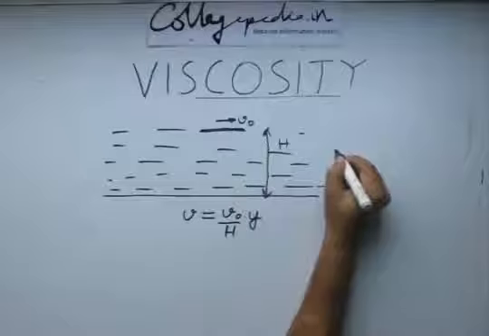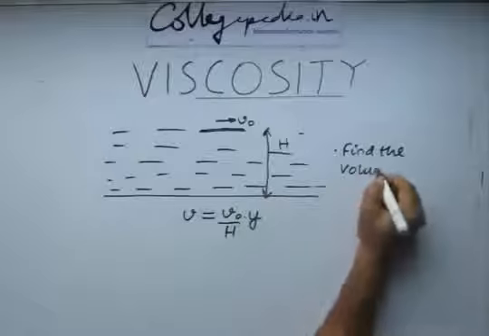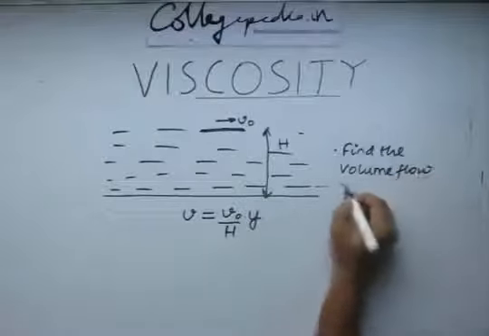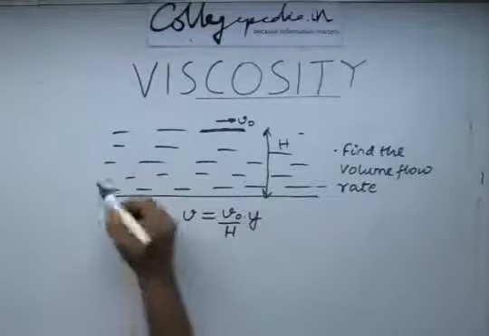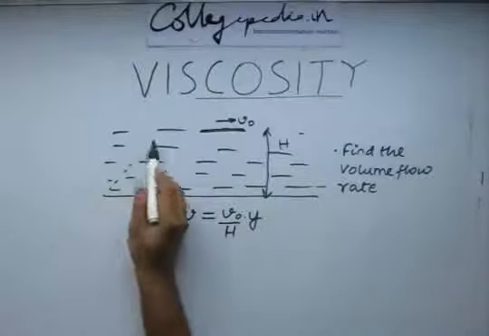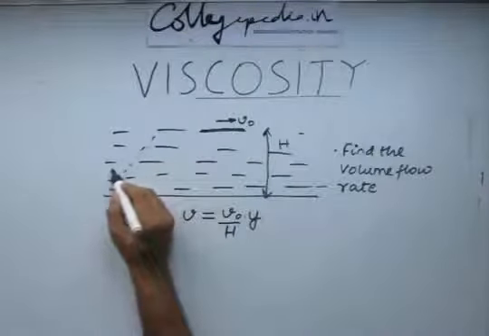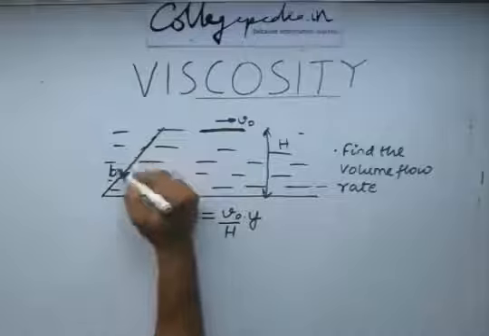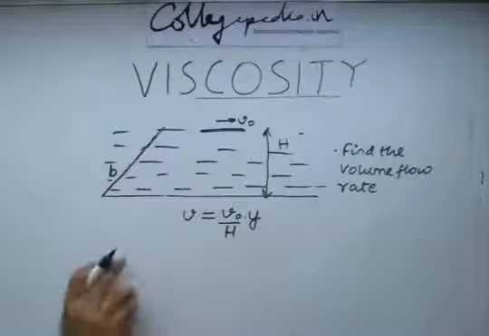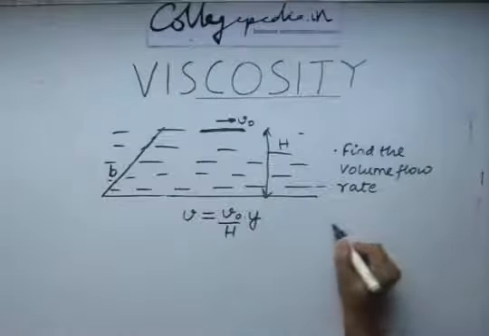Now the problem is to find the volume flow rate. To do this, we proceed in exactly the same way. We consider that the width of the plate in that direction is B. What we need to do is look at this container from this side to get an idea of how the area of cross section is going to look.